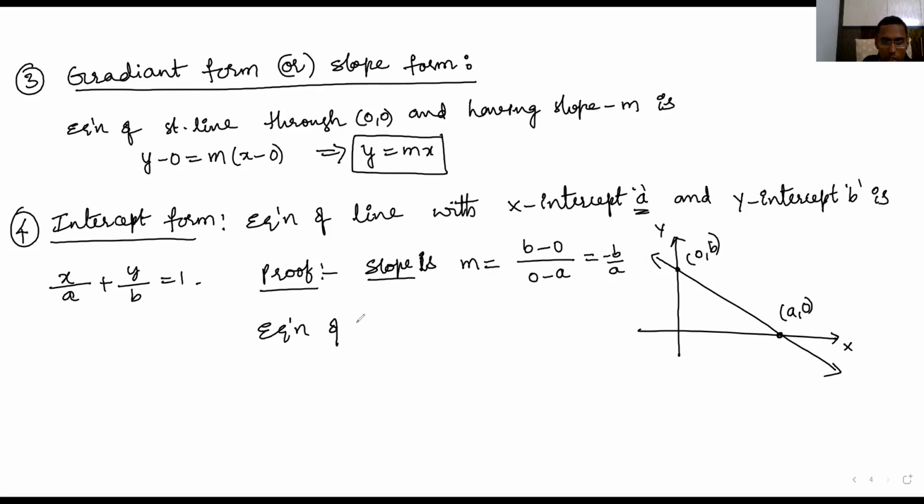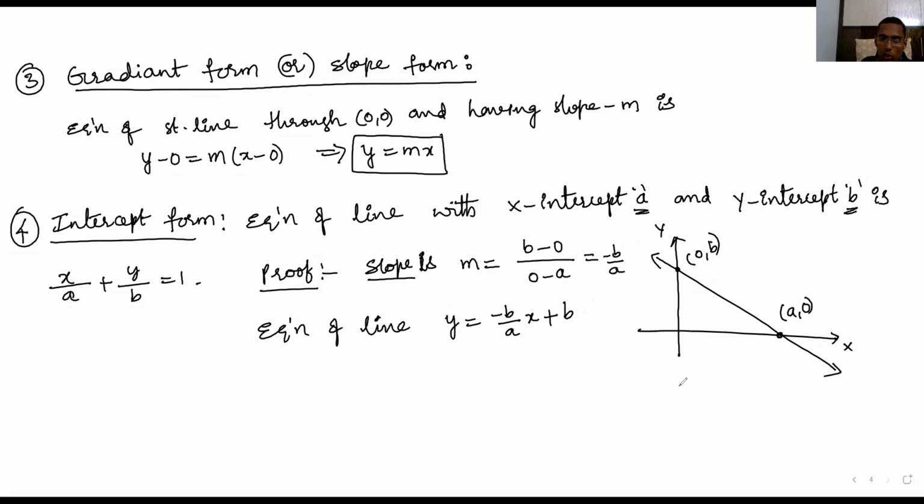Equation of line, you know, y-intercept b is there. So y equal to mx plus c, where m is minus b by a, and c in this case is b, the y-intercept.